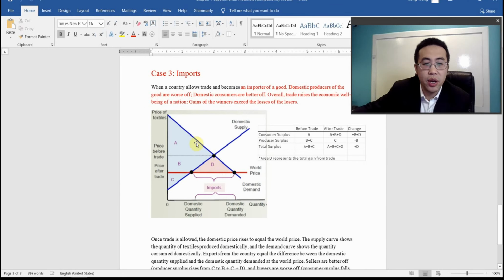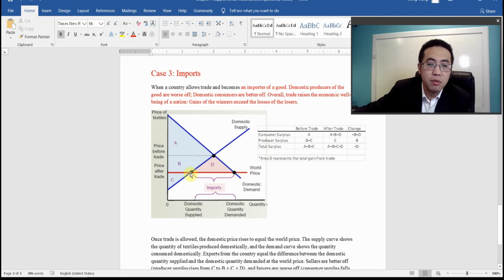And in another case right here, the world price is lower, so the US consumers would get better off. So the improvement of consumer surplus is B plus D, and the US producers would get worse off. The producer surplus was area C only, but now it's B and C combined, so the reduction of producer surplus is B. So the overall benefit to the economy is D only, all right?